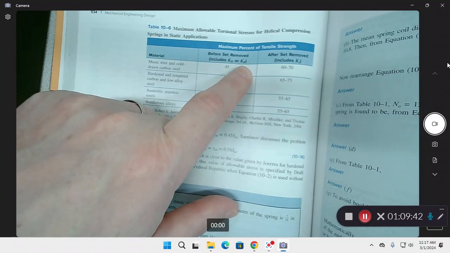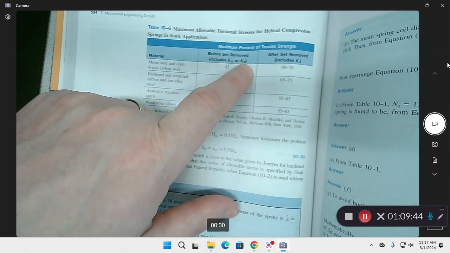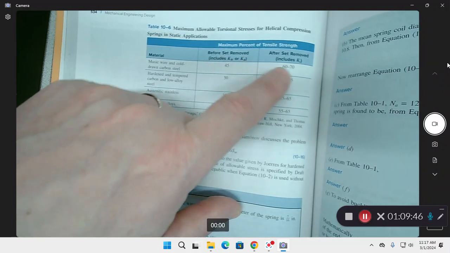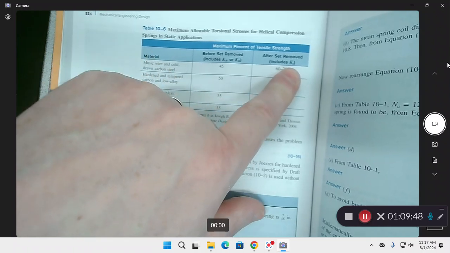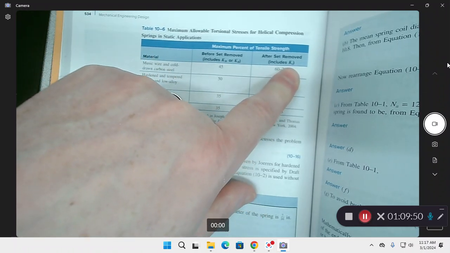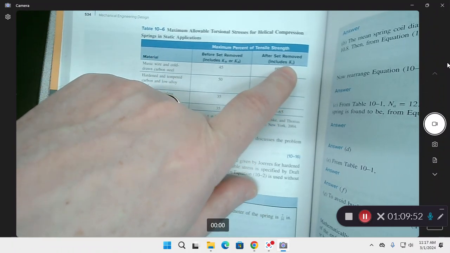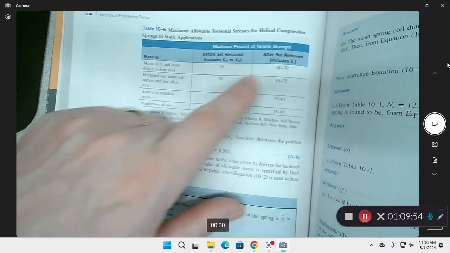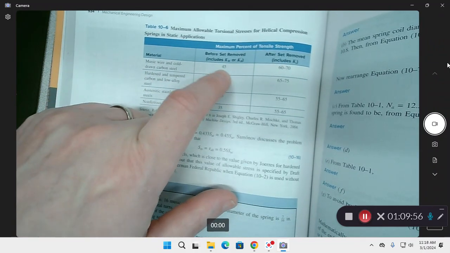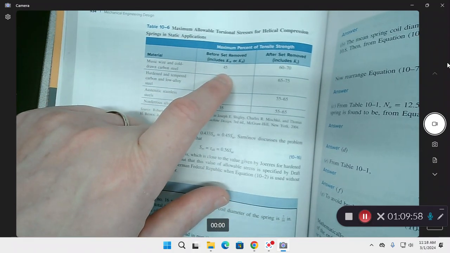It's including the Bergstrasser right in there, you note. And it says it includes the shear coefficient. Bergstrasser incorporates the shear as well, but it's also about the weight. So I'm going to go with 45%.